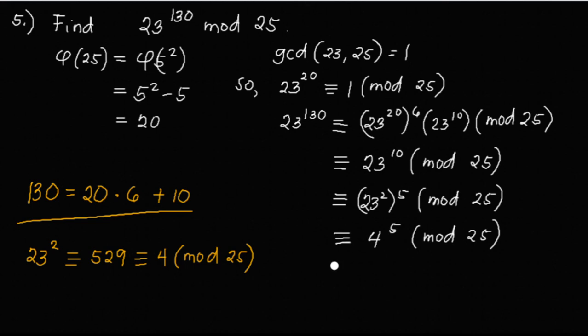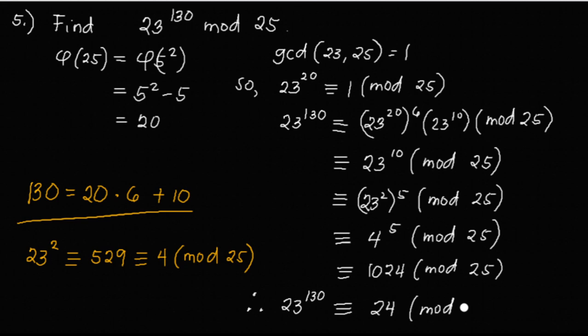So 4 raised to 5, that is 1024 mod 25. So madali naman, kahit medyo malaking number kasi 25 yung number. So alam natin, maiiwan na lang is si 24. Therefore, 23 raised to 130 is congruent to 24 mod 25. So, dito pwedeng kahit hindi 2, no? Kung kaya nyo mas malaki pa, pwede nyo gawin. No? So, yan, as long as tama yung application nyo dito.